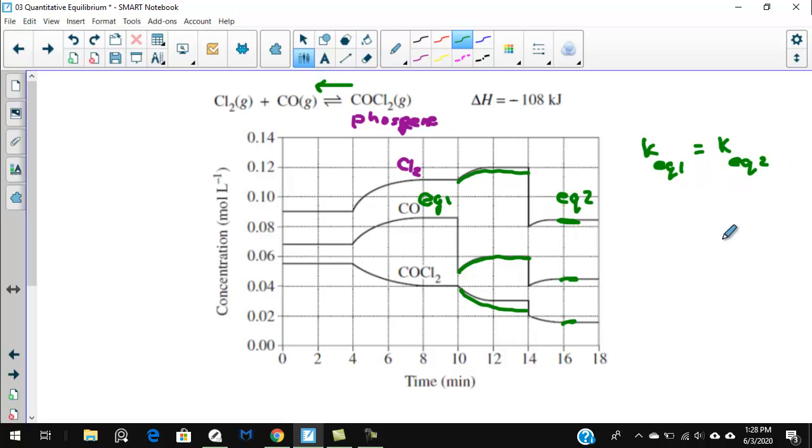Okay, so this K value is a ratio of these concentrations of reactants and products. And we're going to use that ratio, that constant, to be able to fill in things that are changing. So even though these concentrations at EQ1 and EQ2 are different, we're able to use the fact that they are still in this constant ratio of K, or KEQ, as it's often called, K for equilibrium.